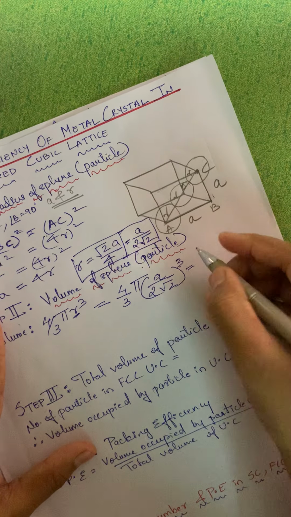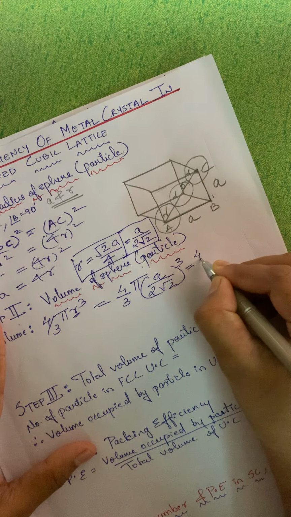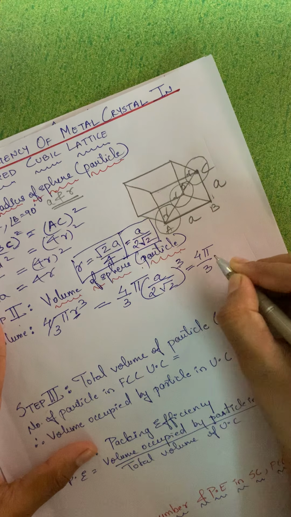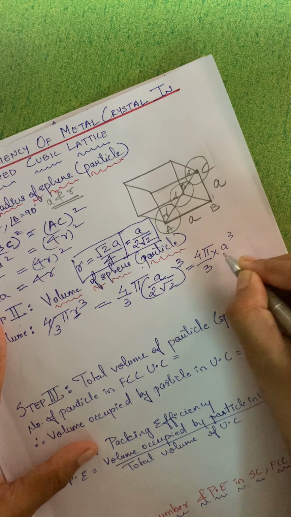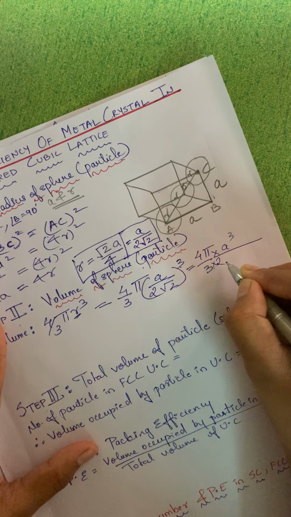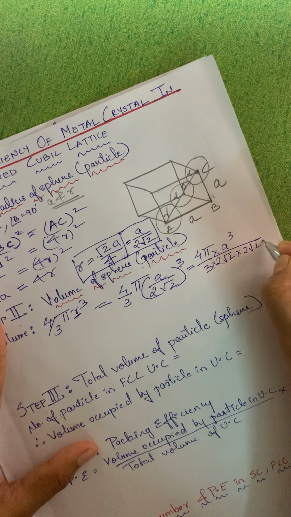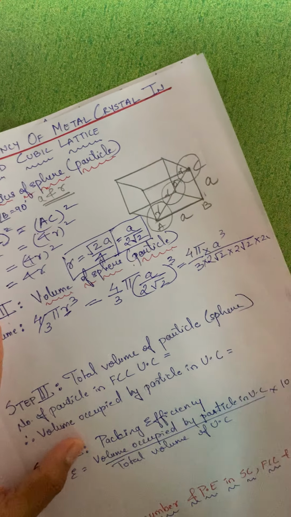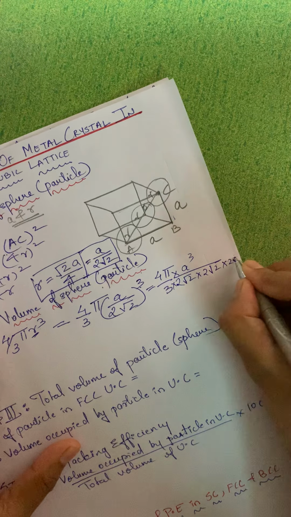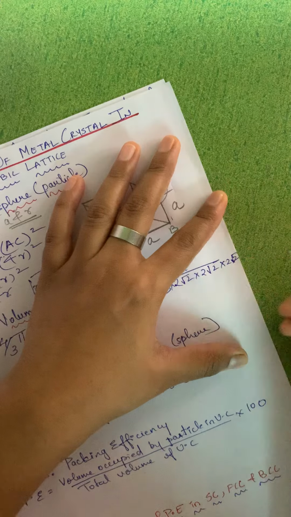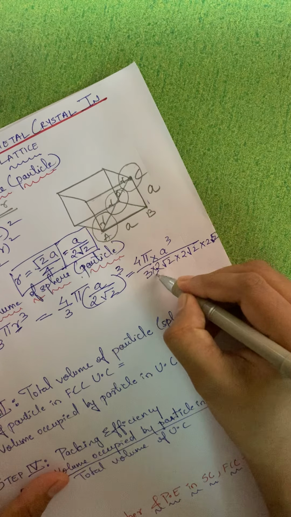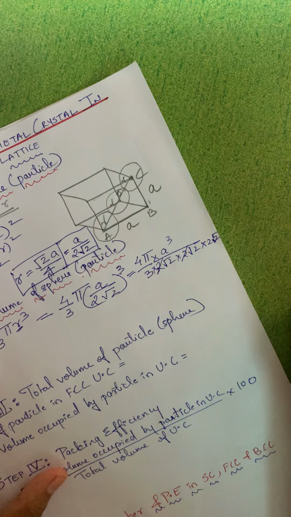Now you can solve it directly. This will be 4 pi upon 3 into a cube upon 2 root 2 into 2 root 2 into 2 root 2. The 2 and 2 will get cancelled.